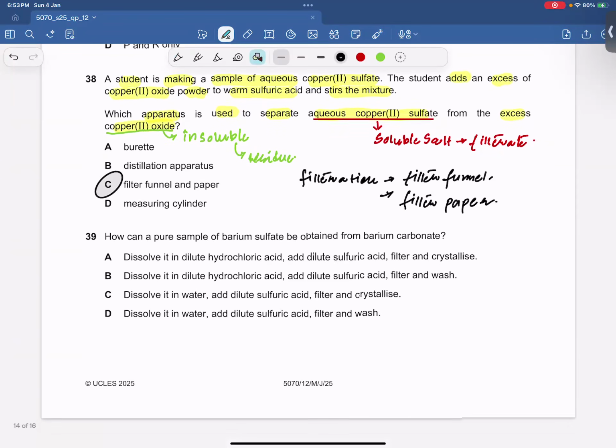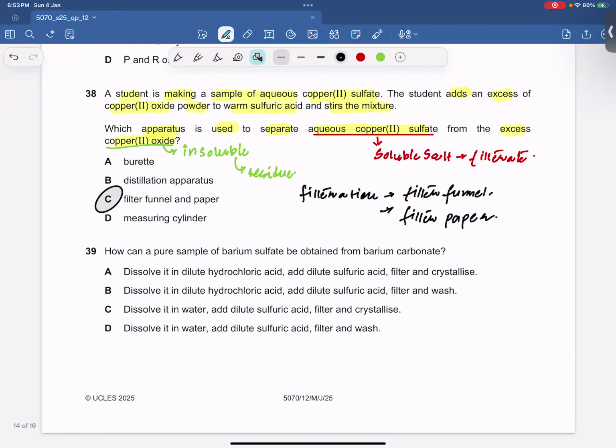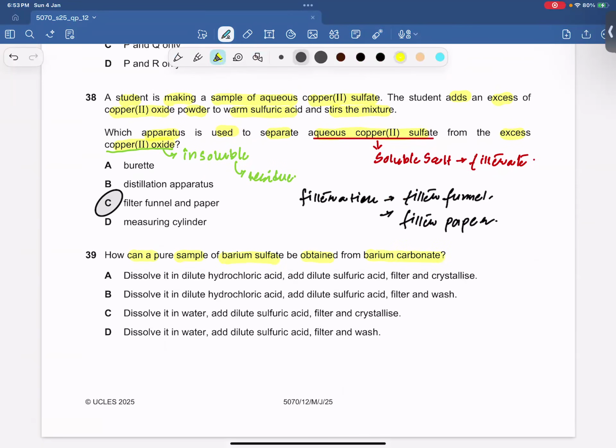How can a pure sample of barium sulfate be obtained from barium carbonate? Remember, barium carbonate is insoluble in water.